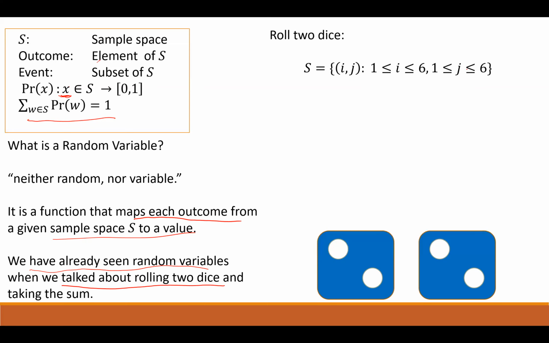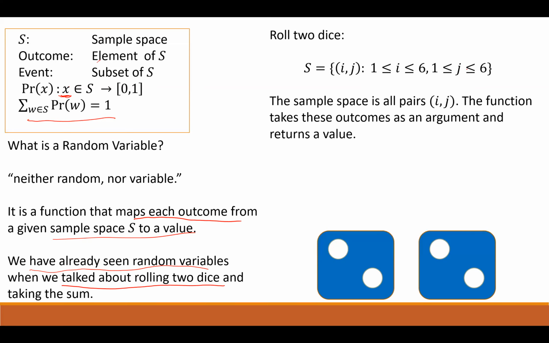And then we implicitly mapped that to the sum of those two rolls, right? If I look at this outcome, we implicitly mapped it to the value which was adding I plus J together. So our random variable X is a function that maps the sample space to the real numbers, any real numbers we want.